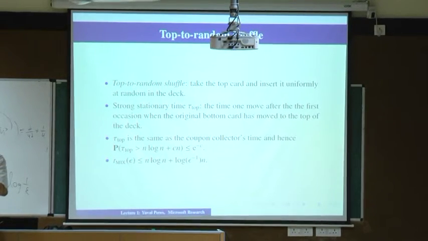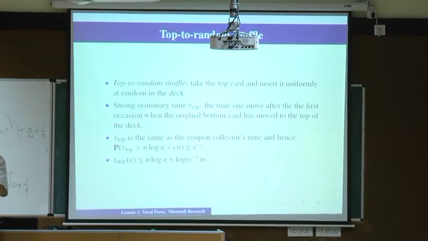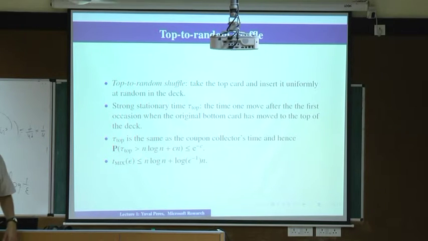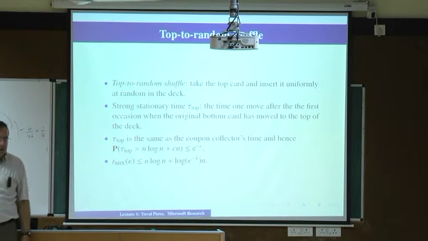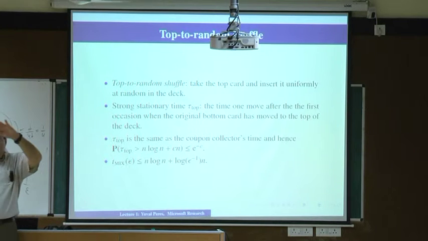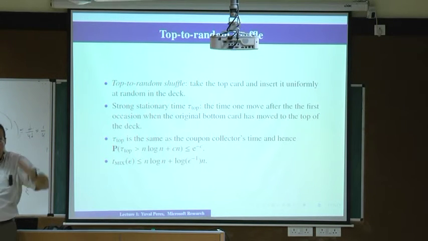What you can easily check by induction is that each time the original bottom card moves up, the cards under it are in random order. If you fix the set of cards under it and look at their relative order, it's uniform, because when each one comes in, it could come in at any location.